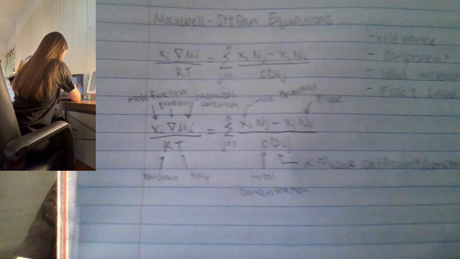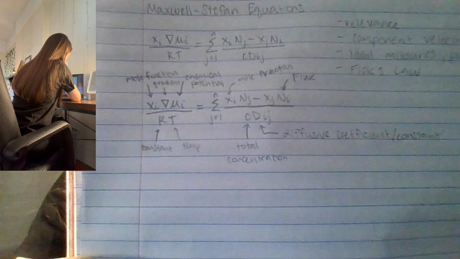It is a coefficient or constant, and that is usually something you can find online because it's common knowledge, since they've been found experimentally. So that's kind of looking into what the Maxwell-Stefan equation is and what it consists of. You can just see that right there. Those are all of our variables defined.